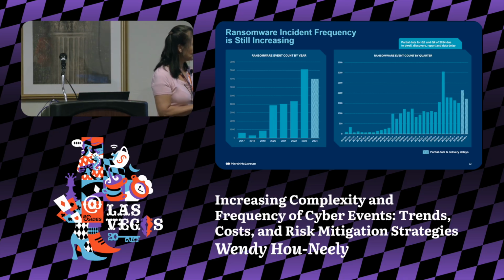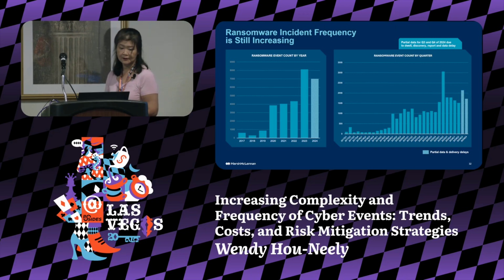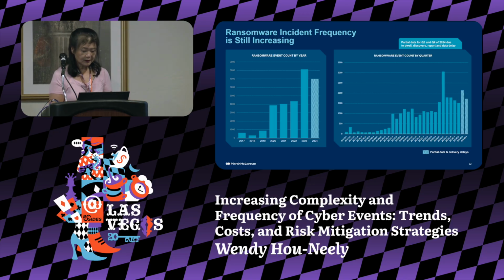Number-wise, it increased quite a lot by year. And if you look at quarter over quarter, it's 2023 Q2 that jumped right up. You can see ransomware is still out there. Compared to other perils, it is less percentage-wise.